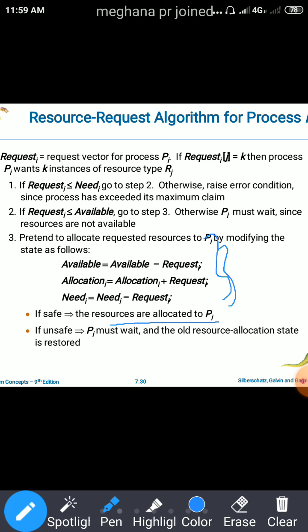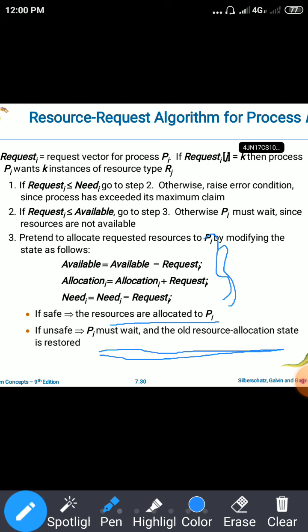If it results in an unsafe state, meaning once the process requests the resources, if the resources allocated lead to the unsafe state, then the resources will not be allocated and we will make the process PI wait until the resources are released by other processes, or until the whole resource allocation state is restored. So this is called the resource request algorithm for the process PI.